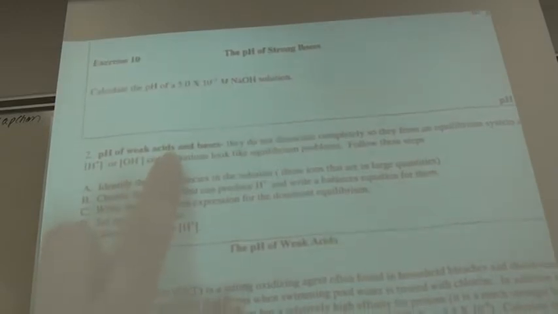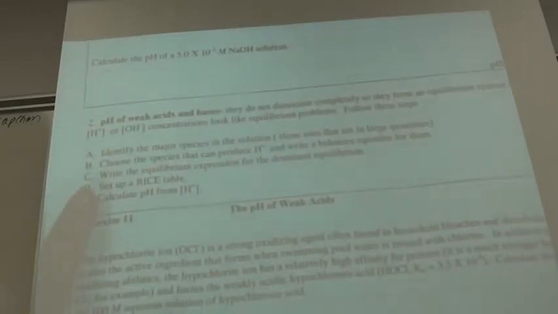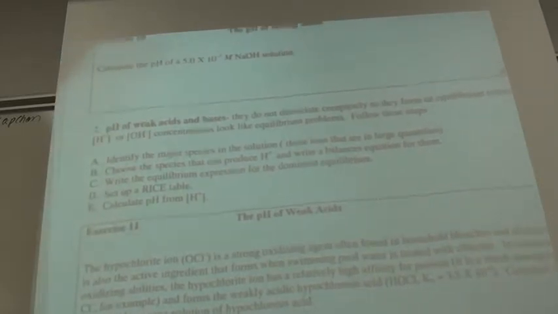And then we talked in depth about the pH of weak acids and bases, and we remembered that we were going to have to use a rice table to figure them out. We did a bunch of rice tables.